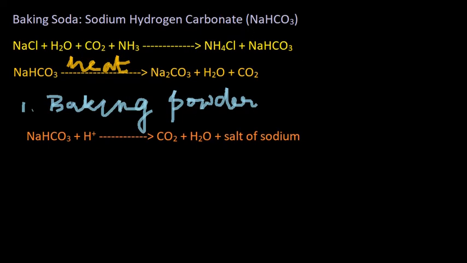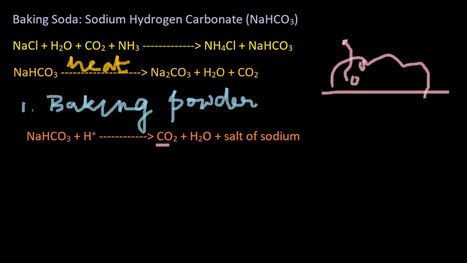fluffy. Take the example of preparation of cake. When we add this baking powder to the flour or other ingredients used to make cake, then the carbon dioxide which is released tries to escape, and in this process it creates spaces or bubbles, you can say, which will make the flour or the ingredients of the cake rise, and hence it becomes much fluffier.